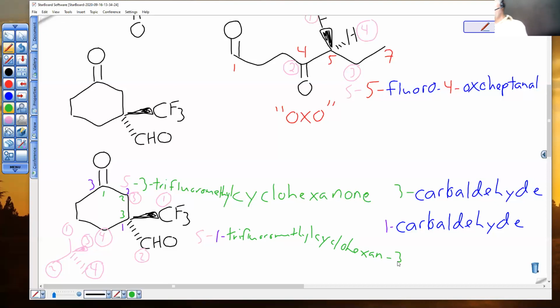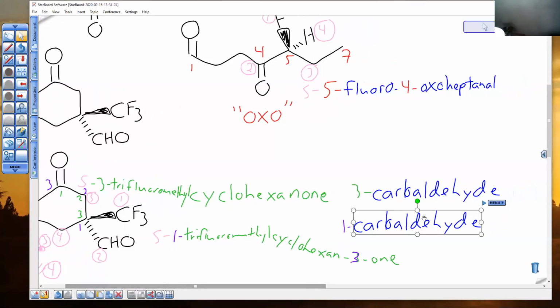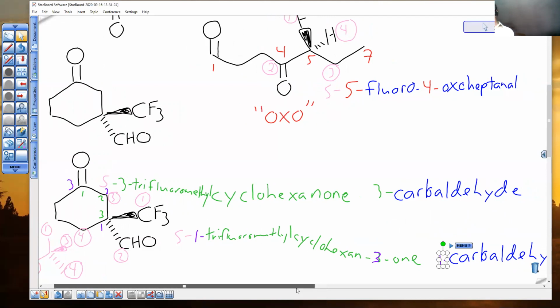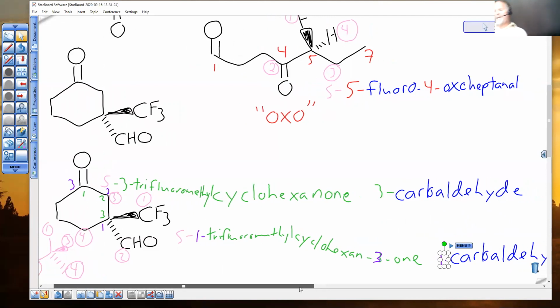Oh, that's purple. And 1 carbaldehyde. Oh, yeah. Is a separate word still. And both names would receive full credit on the test.